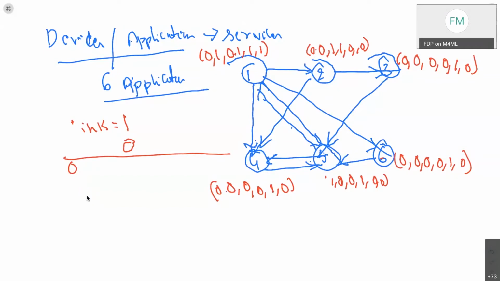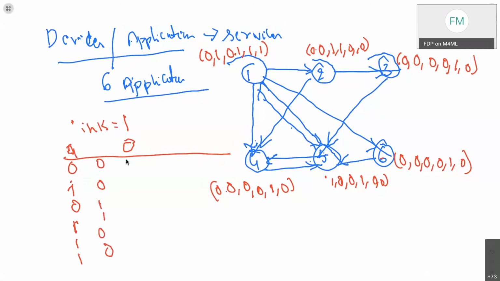Okay, 0, 1, 0, 1, 1, 1. So this is for A1. Let's say application 1, right? Similarly, 0, 0, 1, 1, 0, 0.